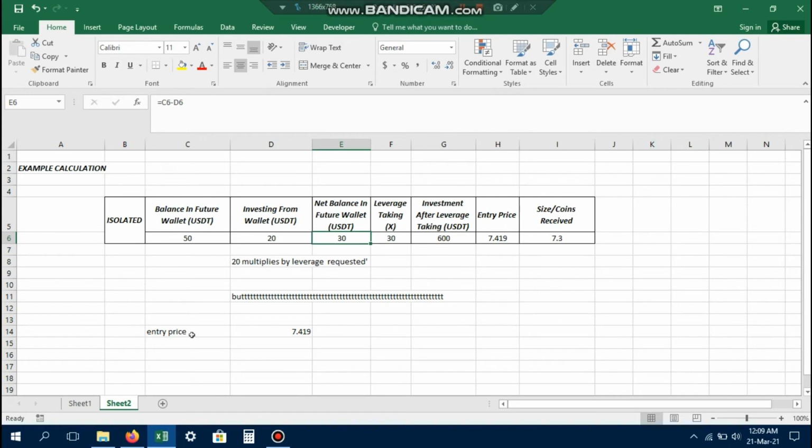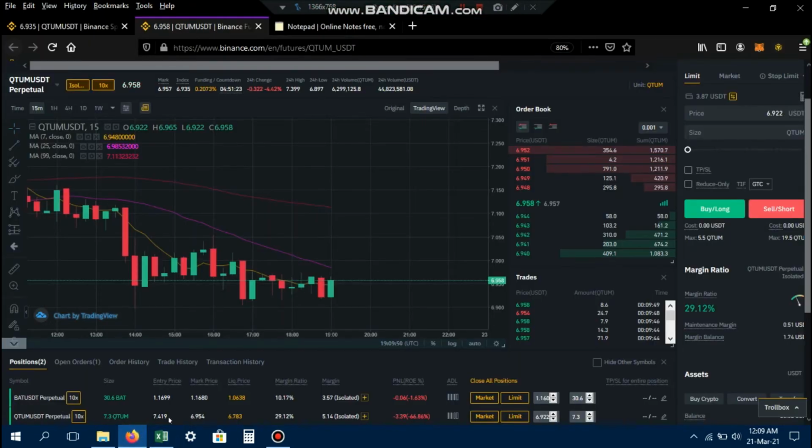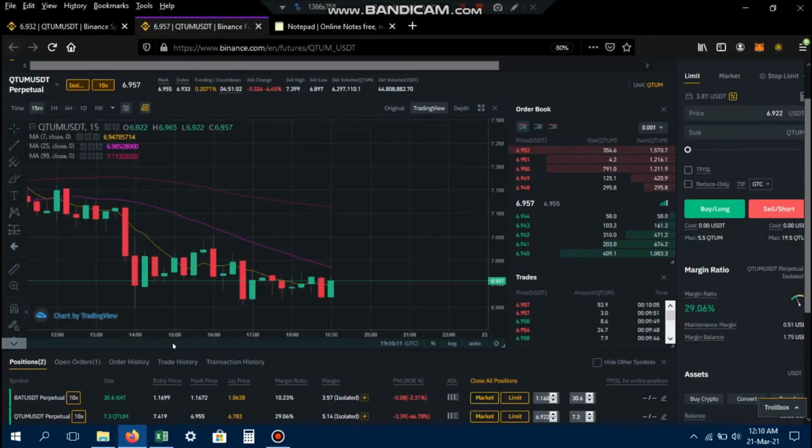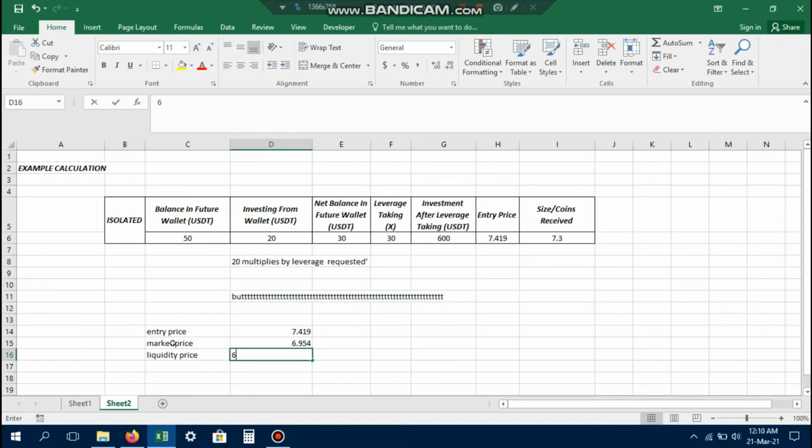Okay, now as you can see over here, the entry price is 7.419. Entry price 7.419, and the market price is 6.954 and the liquidity price is 6.783.